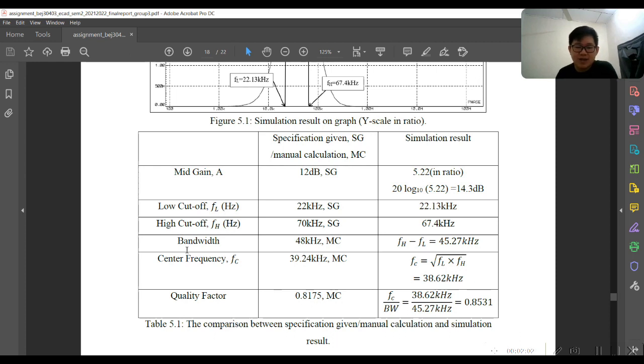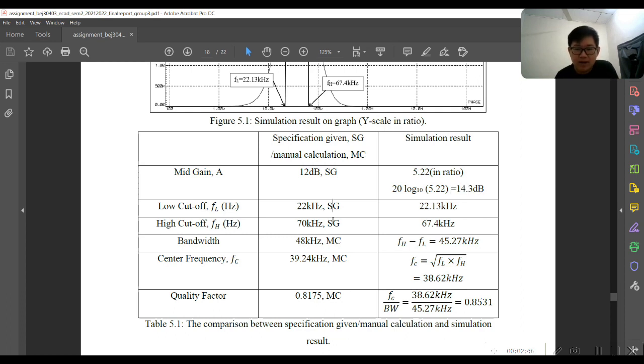For table 5.1, this is the comparison between the specification given, the manual calculation, and the simulation result. We can see that the mid gain A is 12 decibel, which is the specification given. In our simulation result it is 14.3 dB. We need to convert since this value is in ratio, so we use 20 log 5.22 to get the mid gain in dB.